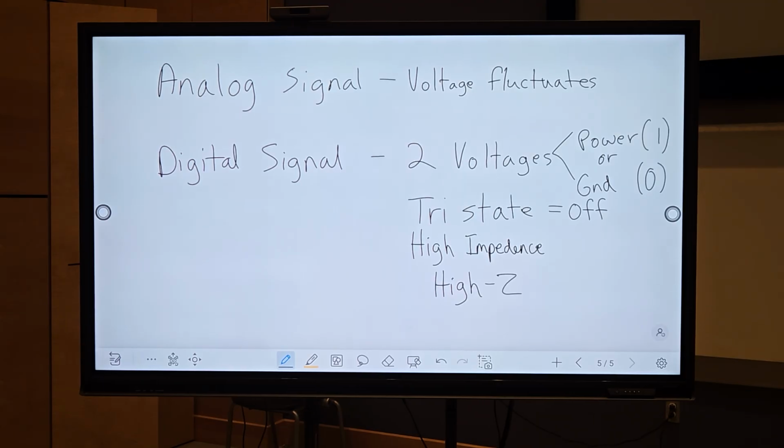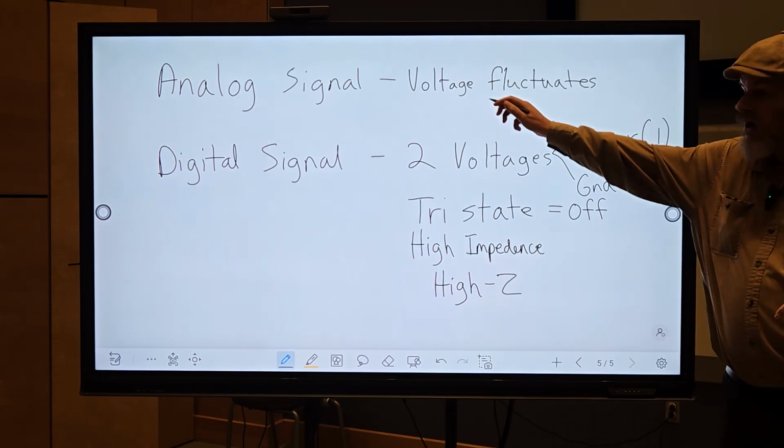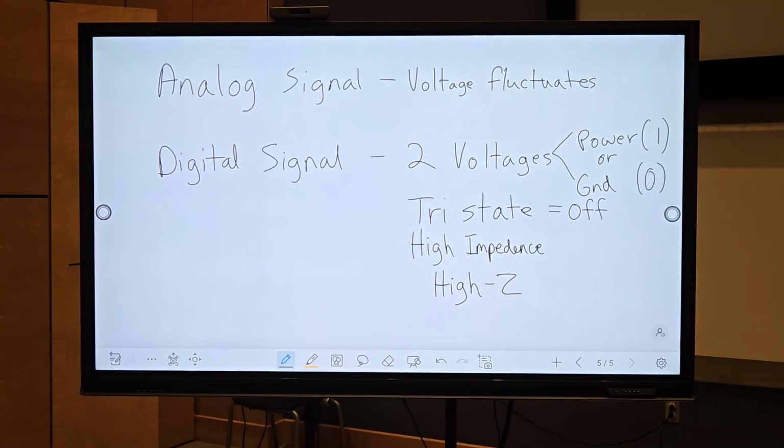It's like an either or type of thing. Yes, it's either or. Analog signals are alternating current, typically. That's what you get off of a microphone into a speaker.